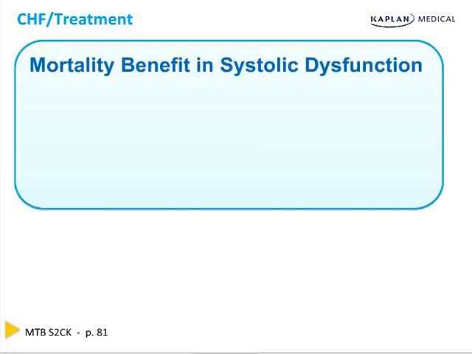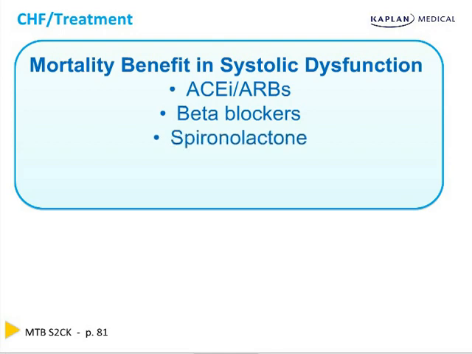Let's make 100% sure that we get all of these questions right for such an indispensable subject as congestive failure. ACE inhibitors or angiotensin receptor blockers as afterload reduction. Beta blockers, metoprolol, carvedilol, bisoprolol, spironolactone, or eplerenone. All of these drugs will lower aldosterone. All of them improve mortality.